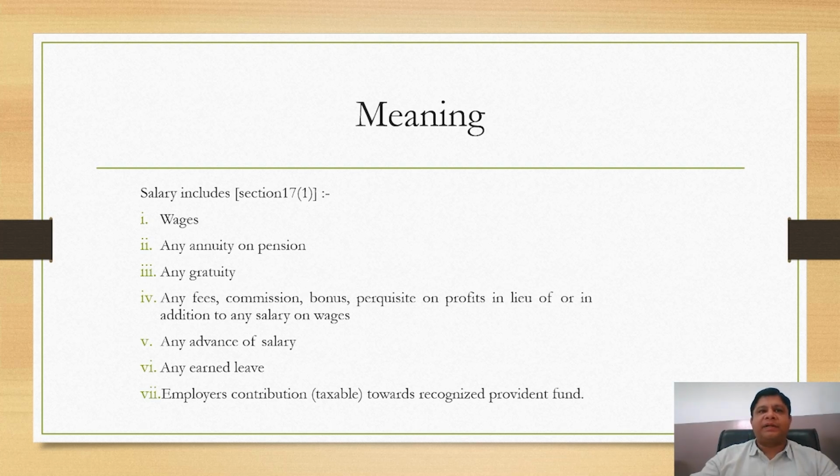Pension received by the widow or legal heir of a deceased employee is not taxable as salary, as no employer-employee relationship exists between the payer and the payee. However, such an amount shall be taxable under the head income from other sources.